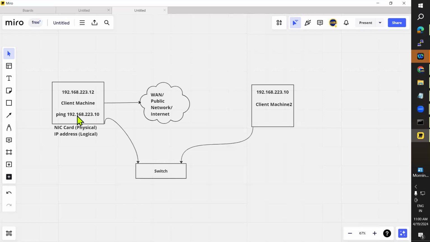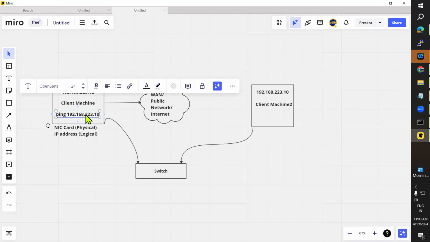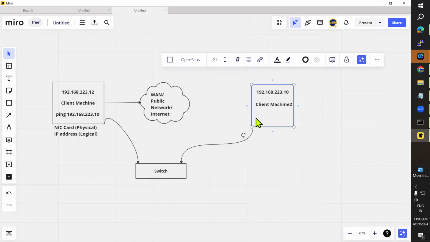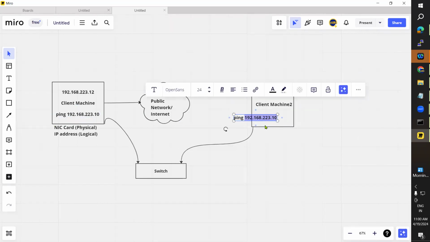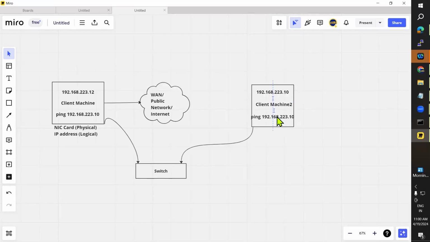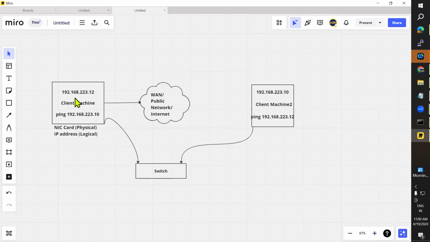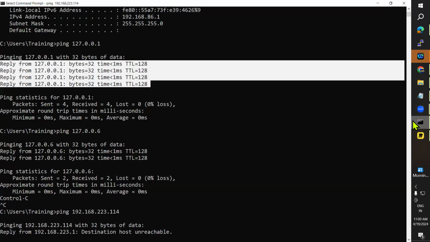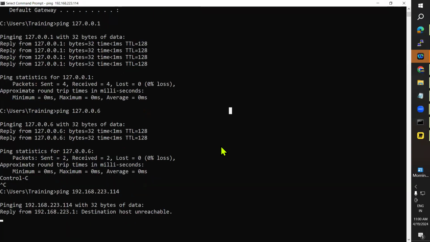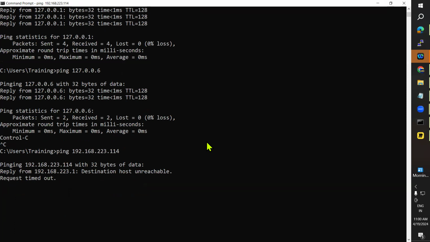So ping is the only command to check the communication, vice versa, from here to here and here to here. We can check the communication using the ping command. Okay.